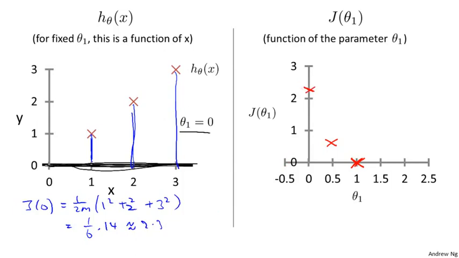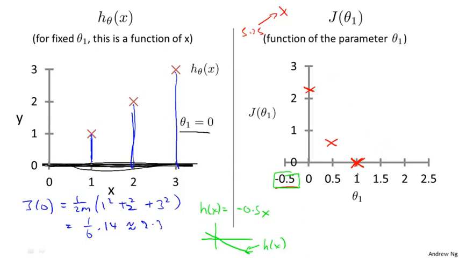And of course, we can keep on doing this for other values of theta 1. It turns out that you can have negative values of theta 1 as well. So if theta 1 is minus 0.5, then h of x would be equal to minus 0.5 times x, right? And so that corresponds to a hypothesis with a slope of negative 0.5. And you can actually keep on computing these errors. For minus 0.5, it turns out to be a really high error, something like 5.25.